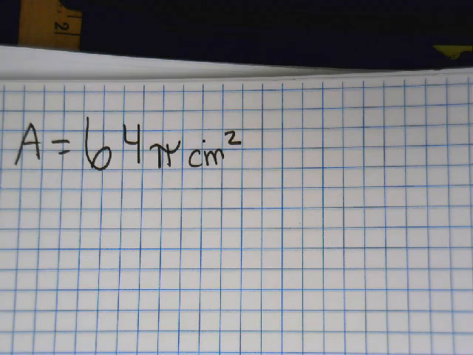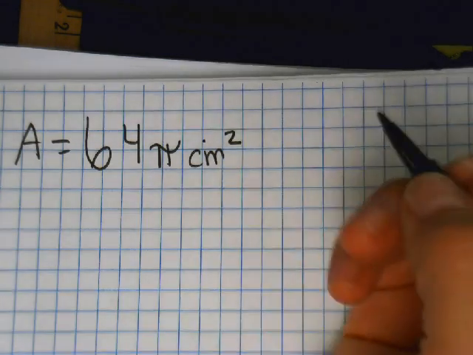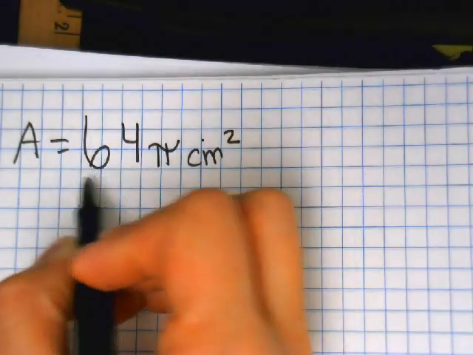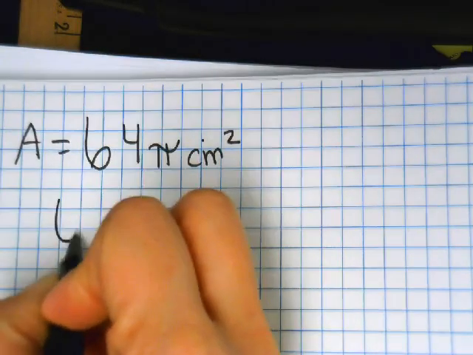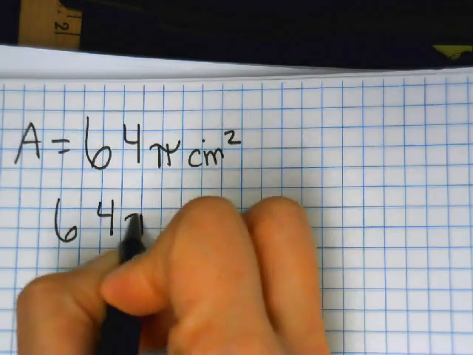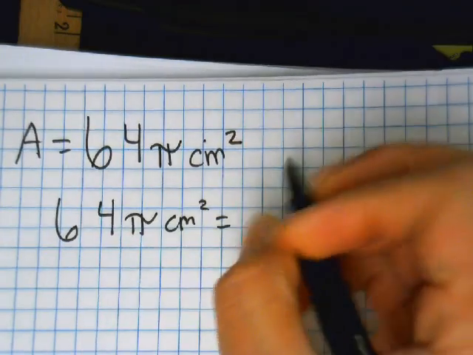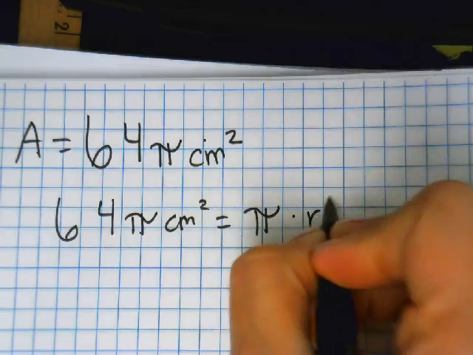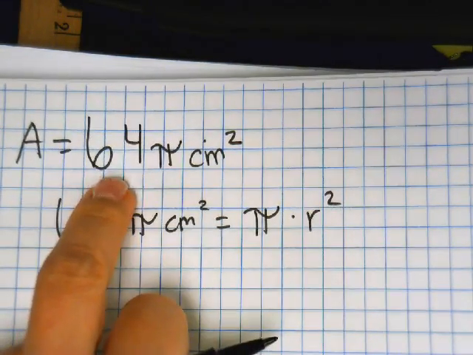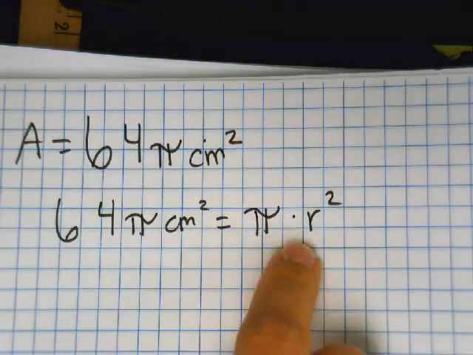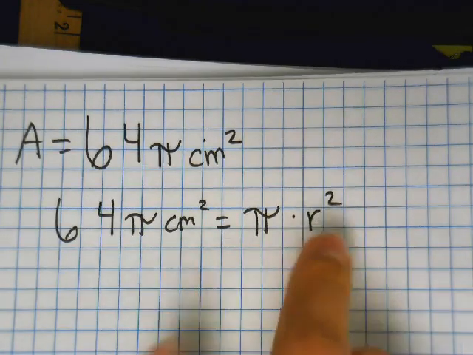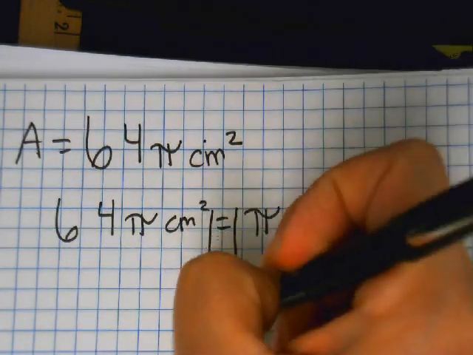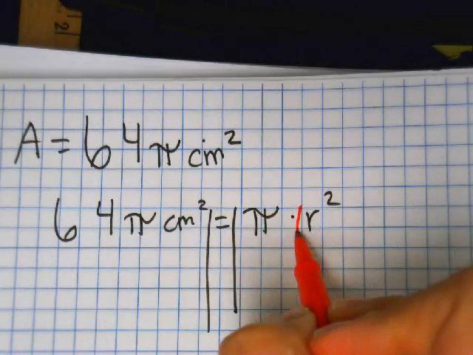Again, how did I get this answer? Area is equal to, what's the formula for area? Pi times radius squared. So I got this answer by doing pi times radius squared. So now I want radius all by itself. You're solving for R.